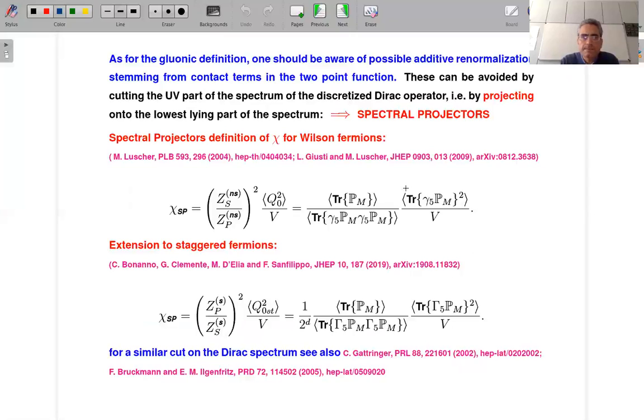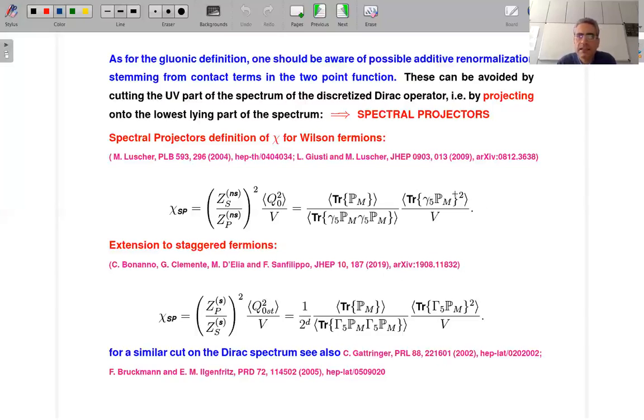So it has been proved in this paper that if you take the continuum limit with a fixed value of the cutoff mass in physical units, then we expect that this definition of the topological susceptibility has cutoff effects which are expected to be of the order of a squared, where a is the lattice spacing. So it's expected to have a well-defined continuum limit, okay, with the cutoff effects under control.